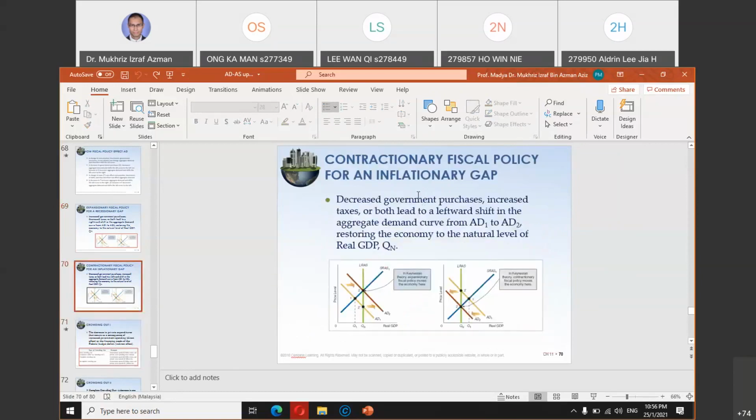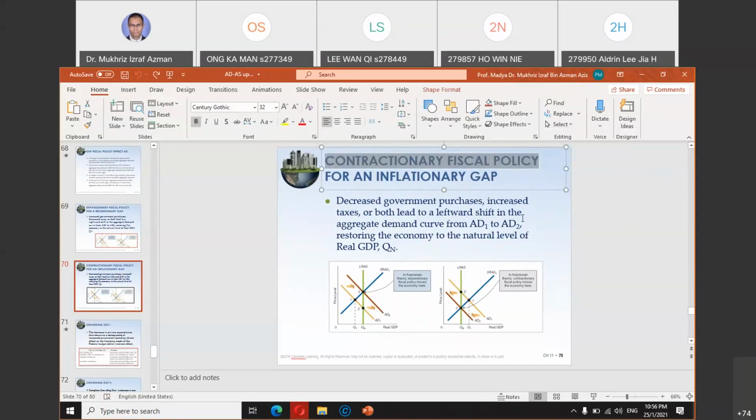Anything that can cause the country to grow slower, maybe because they want to reduce inflation, for example, if the government thinks spending has increased too much, they will go for contractionary fiscal policy. This is a part I did not cover, but you just need to know what falls under expansionary or contractionary fiscal policy.